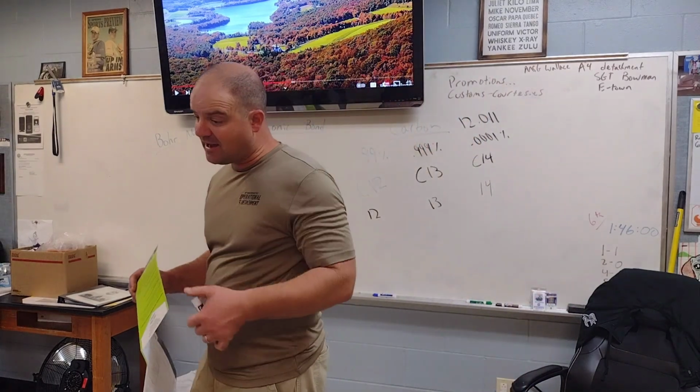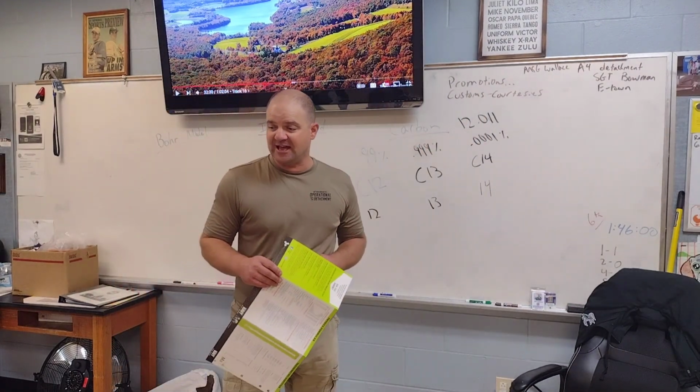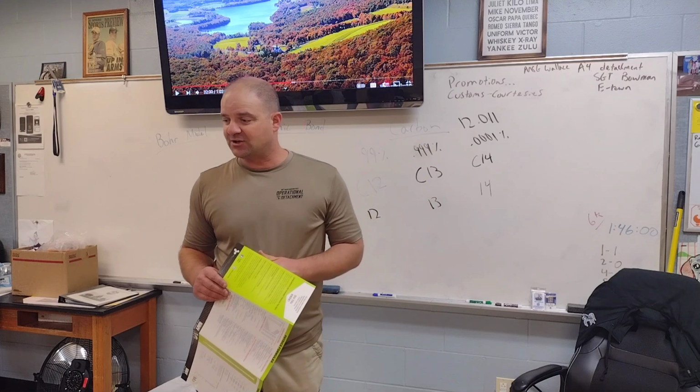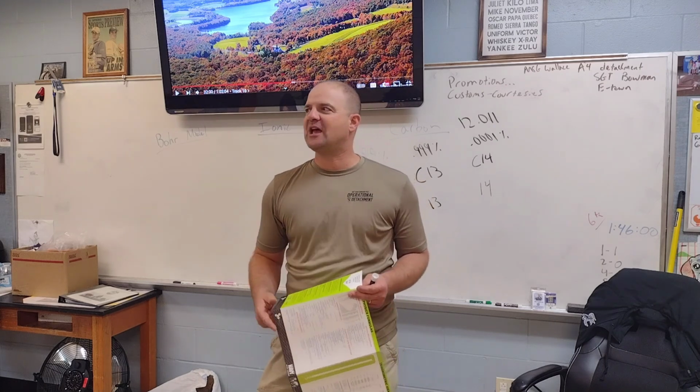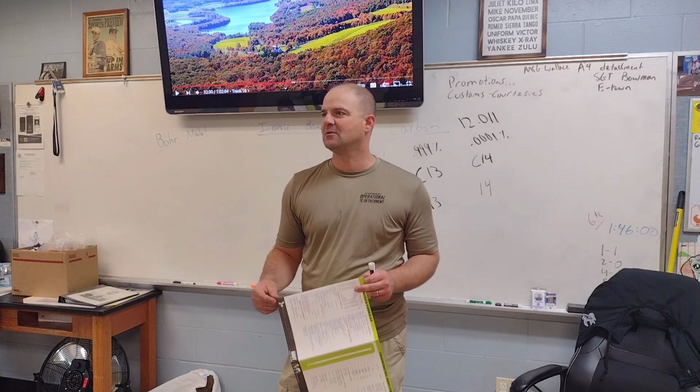Everybody fine? The question is, why do the alkali metals and the halogens react so strongly with many other elements? High reactivity, yes. And why do they have such high reactivity?